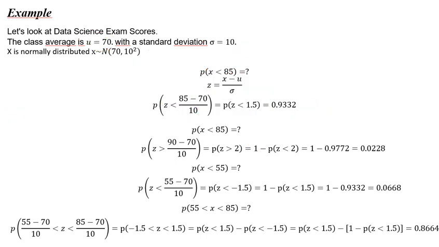Now the second question, but let's make it greater than 85, not less, so that we will see different cases. So what is the probability that a randomly chosen student has a score greater than 85? So again, we replace x by z, so we need to apply the z-score.